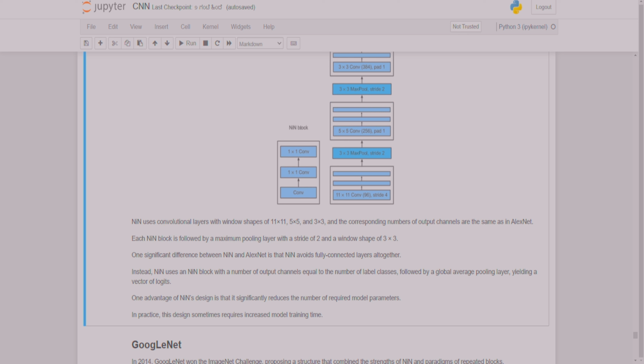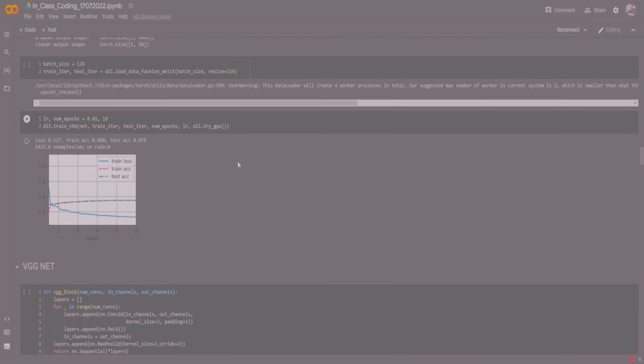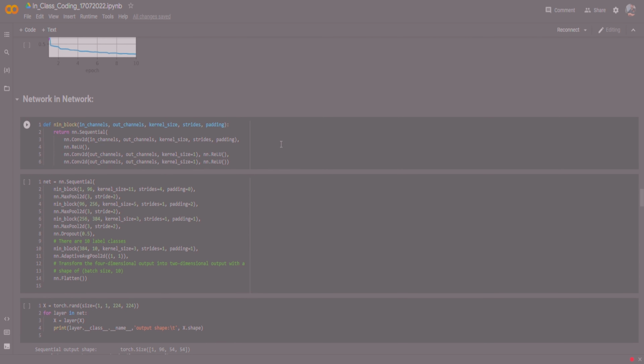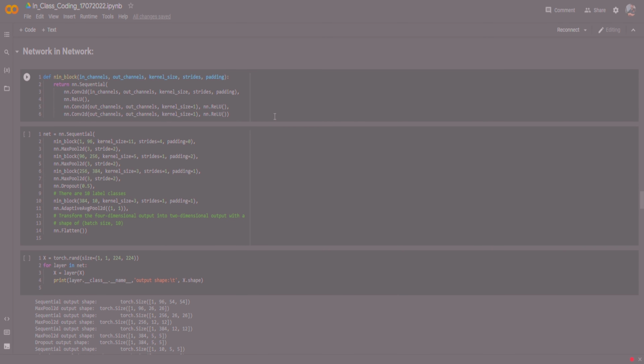Okay, so please go to the code you have and try to run the NIN code. From the basics, we already know you need to first define the NIN block and implement how it works. In this code, the NIN block has been defined as a sequential layer, connecting layers one after the other.